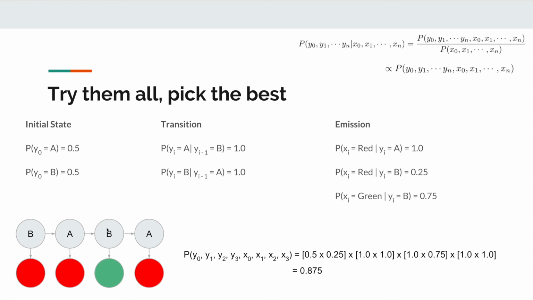If you try scoring the other sequences like we did on the previous slide, you'll get zeros for everything except this one. And for this one, as you can see from my math at the bottom of the slide, the likelihood is 87.5. All right.